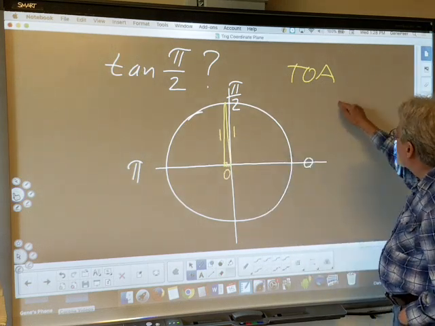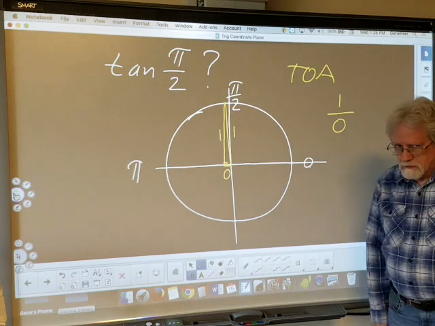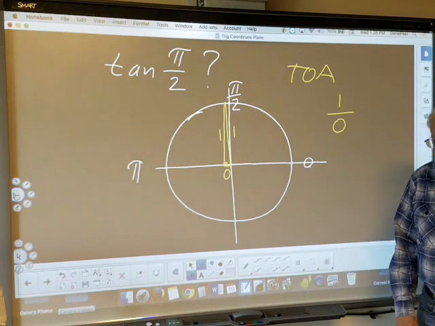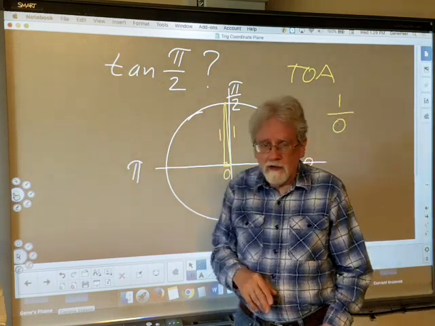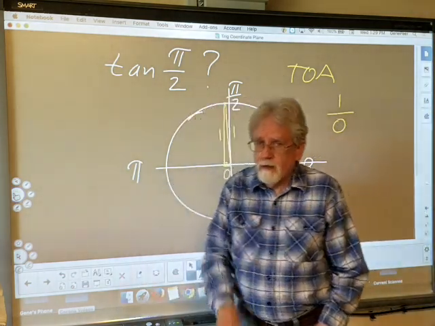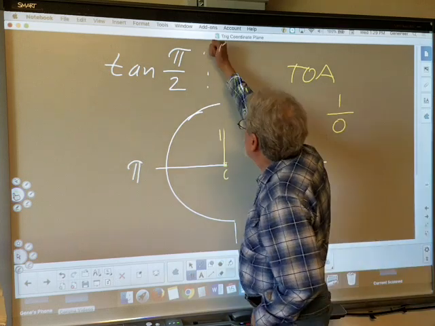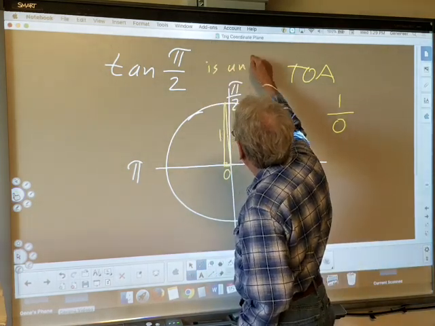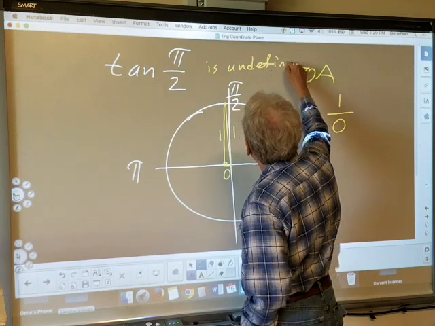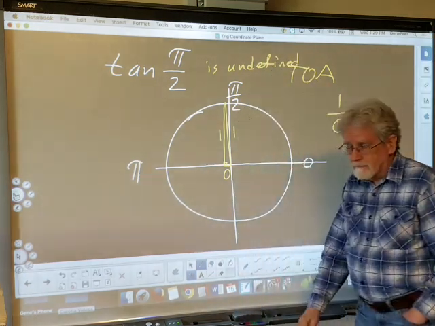That would be 1 over 0, can't have that. Well, the tangent of pi over 2 is undefined. That's going to become important to us. Because we can't divide by 0, it doesn't exist. No such thing.